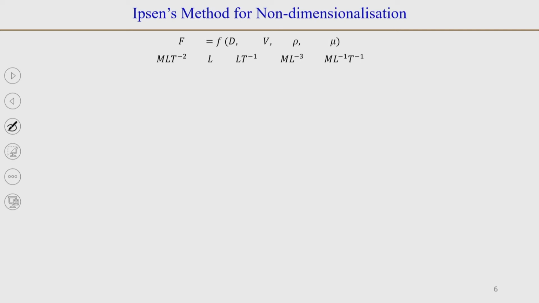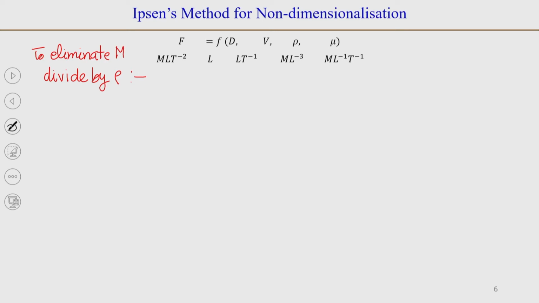So, if we divide by m, so let us divide by rho, and we are doing this to eliminate m from each dimension.